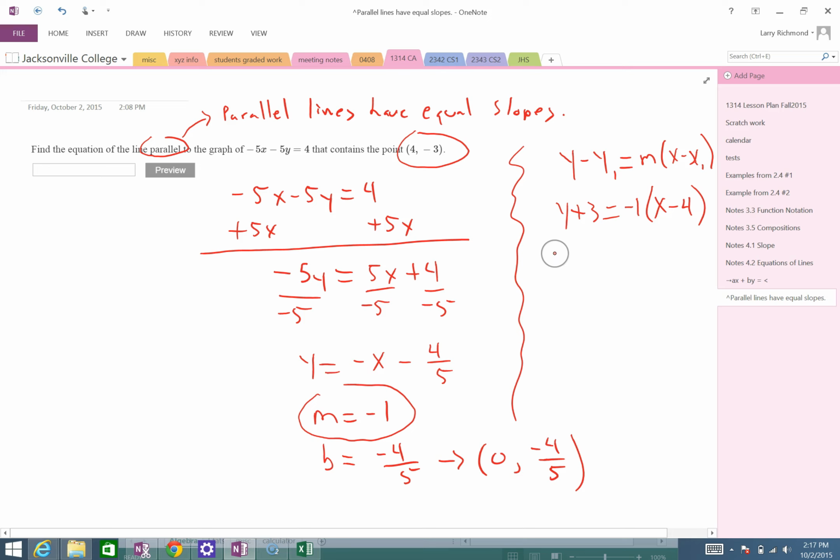So here is our equation. Y plus 3 equals negative 1 times x is negative x. Negative times negative is a plus 4. I might leave it in this form. To get it to slope-intercept form, I will subtract 3 on both sides. I get y equals negative x, 4 minus 3 is a plus 1.